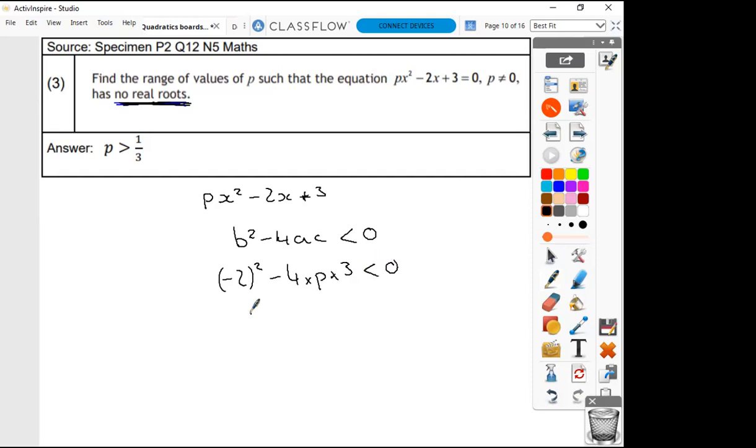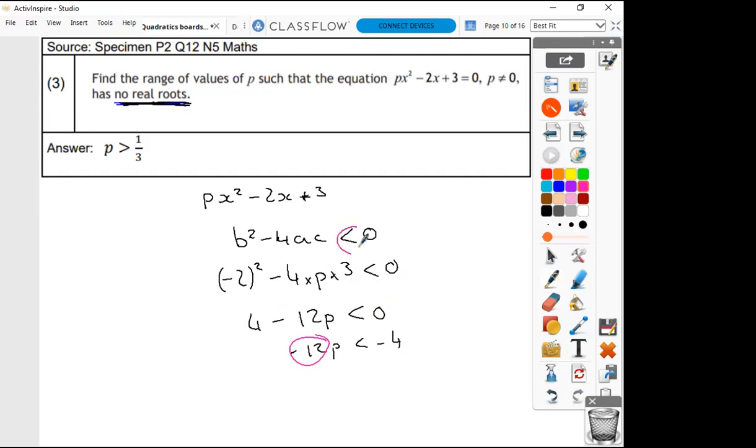So negative 2 squared is 4 minus 12p, less than 0. Move over that number 4 to leave us with negative 12p less than negative 4. And here's where we need to remember our rules of inequalities.